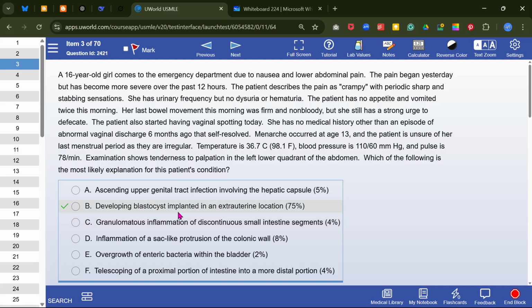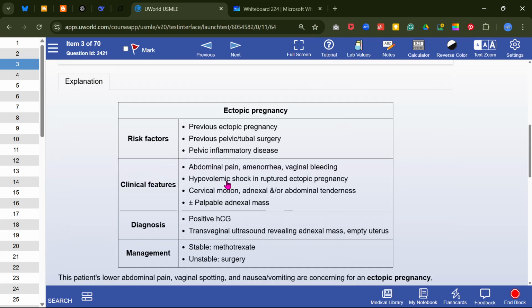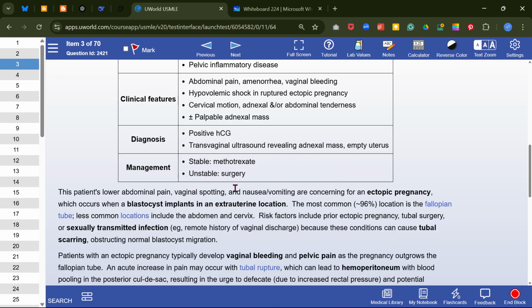So a developing blastocyst implanted in an extrauterine location means ectopic pregnancy. With abdominal pain, vaginal spotting, and the patient unable to know her last menstrual period, it looks like ectopic pregnancy. I am not going to read the explanation.